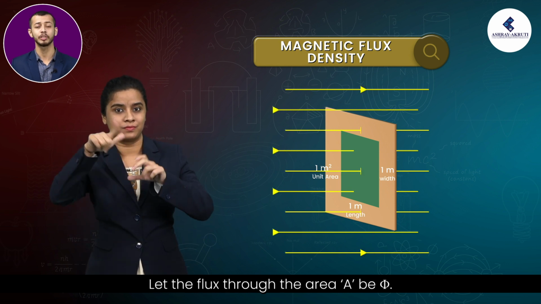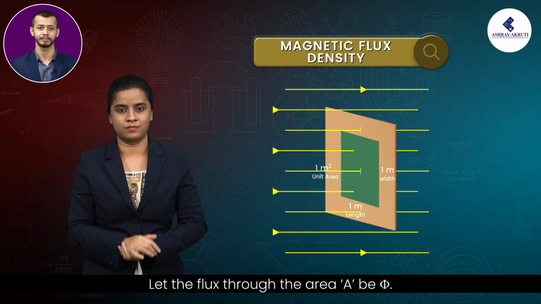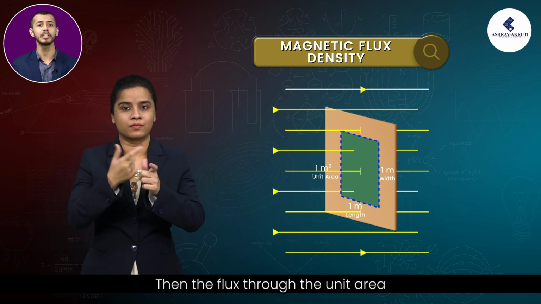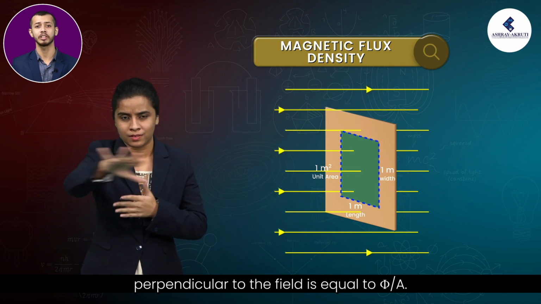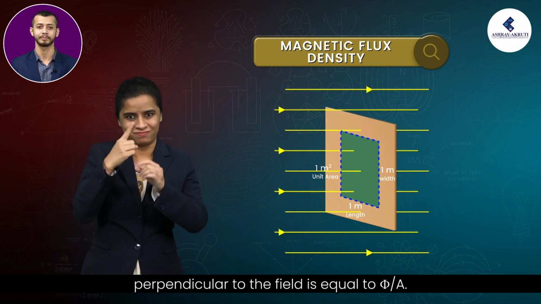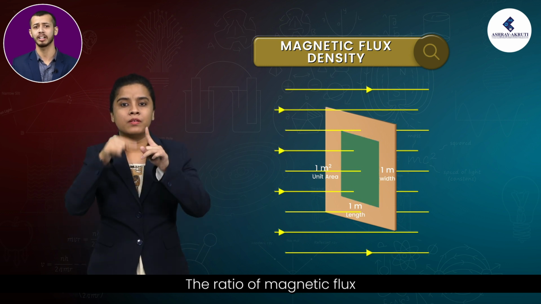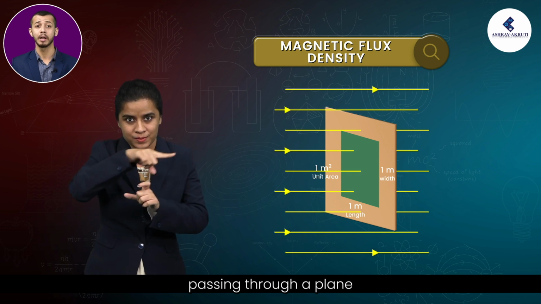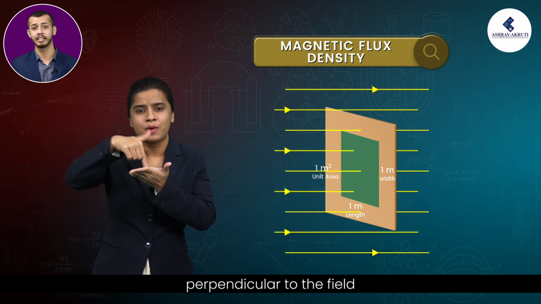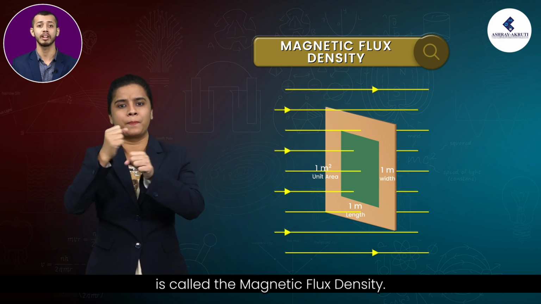Let the flux through the area A be phi. Then the flux through the unit area perpendicular to the field is equal to phi by A. The ratio of magnetic flux passing through a plane perpendicular to the field and the area of the plane is called the magnetic flux density.